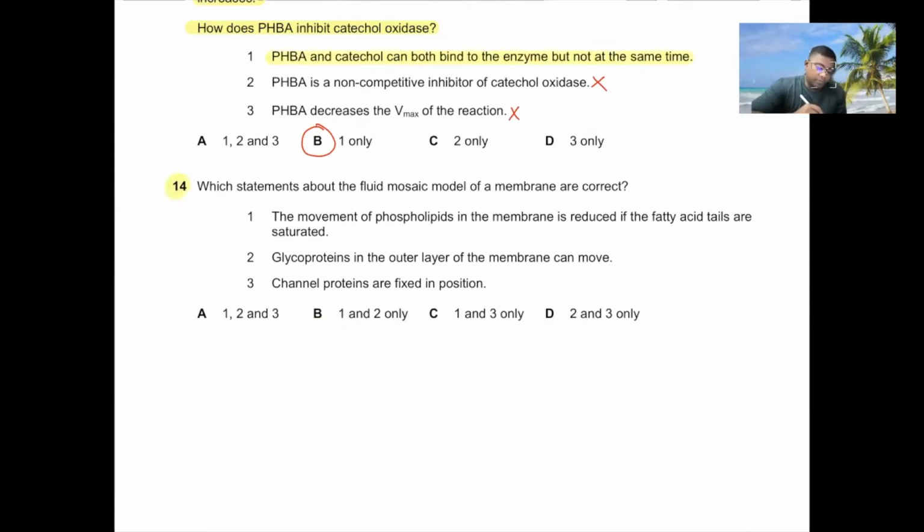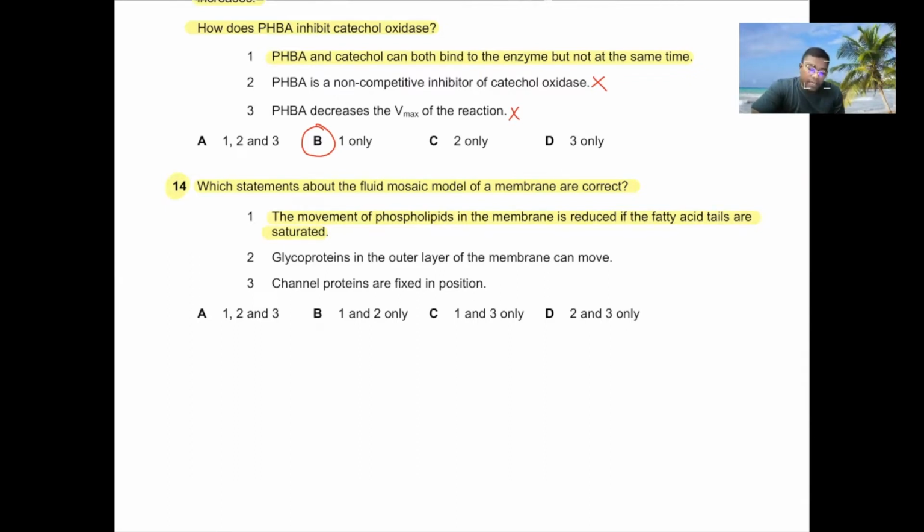Question number 14. Which statements about the fluid mosaic model of a membrane are correct? The movement of phospholipids in the membrane is reduced if the fatty acid tails are saturated. All right, that is true, because if the fatty acid tails are saturated, they closely pack with each other, and thus the phospholipids are much less likely to move.